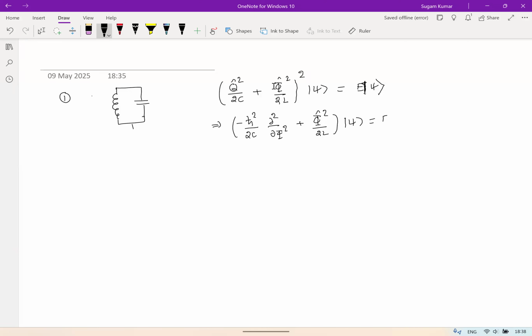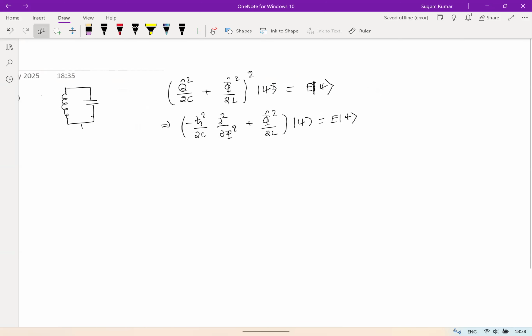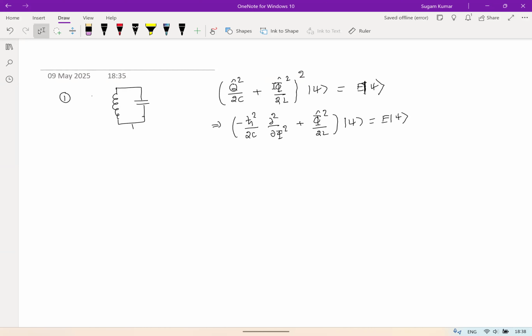We are doing a quick recap so that we can start from where we left.